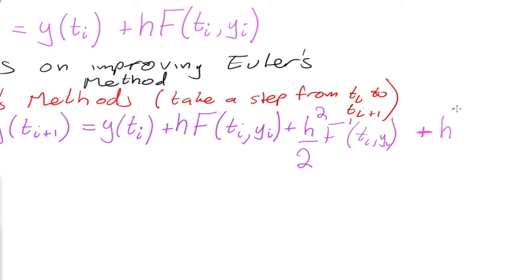By Taylor's theorem? You guys remember Taylor's theorem? h to the n. So one more, right? h cubed times f double prime at some point, right? We use psi, but I don't know.